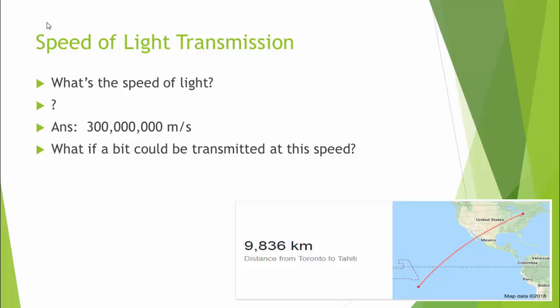And so if you take that math through, that means that bit could travel from Toronto to Tahiti in about 33 milliseconds.